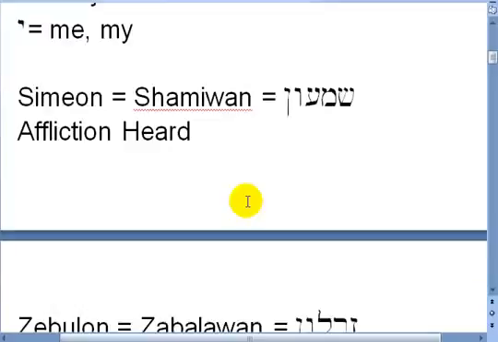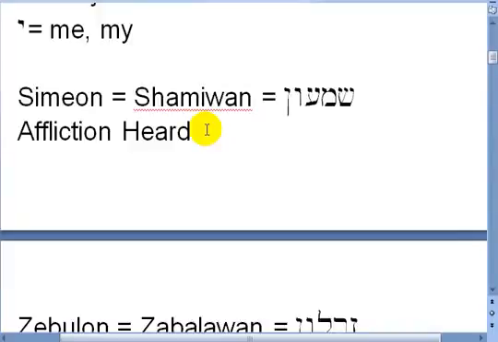All right, and for you brothers out there that really want to get into why each tribe was named the way it was named, you should go back and read, I believe, Genesis the 29th chapter and Genesis the 30th chapter, which gives you most of the tribes and the reason why they were called what they were called, because the women that were bearing these children were naming them after certain situations.